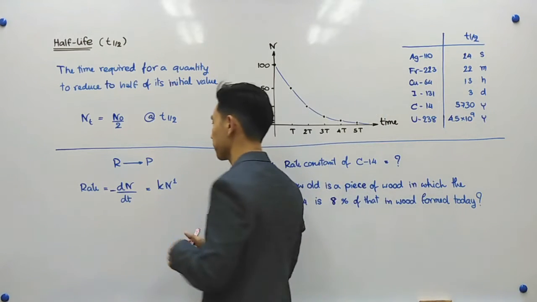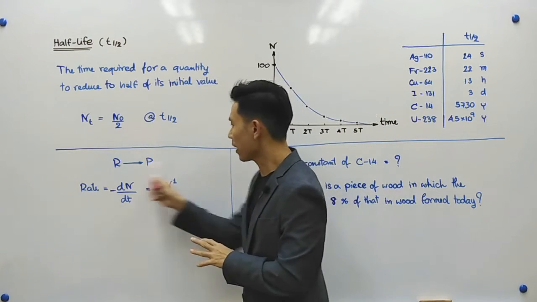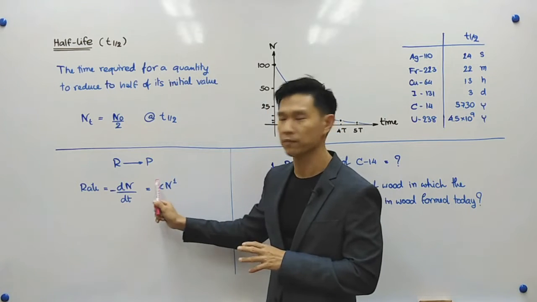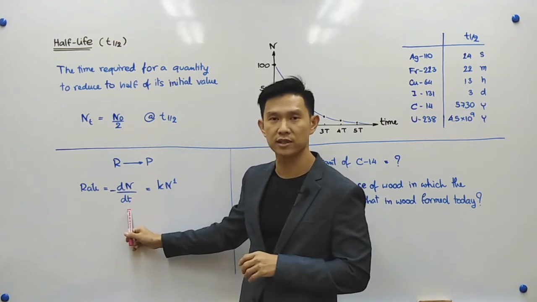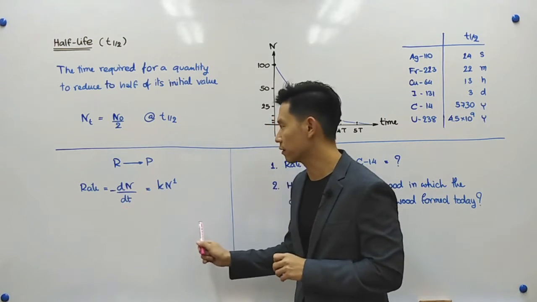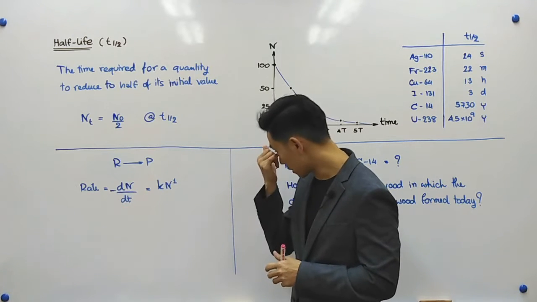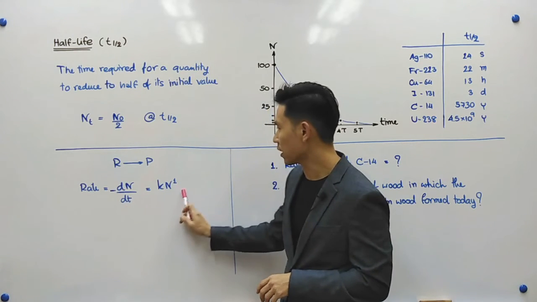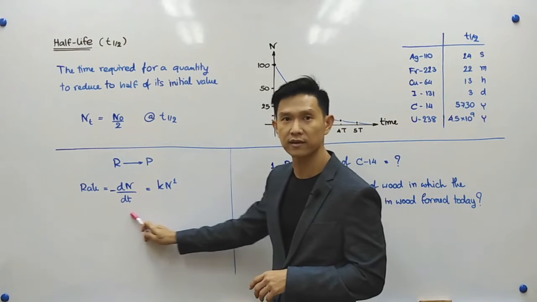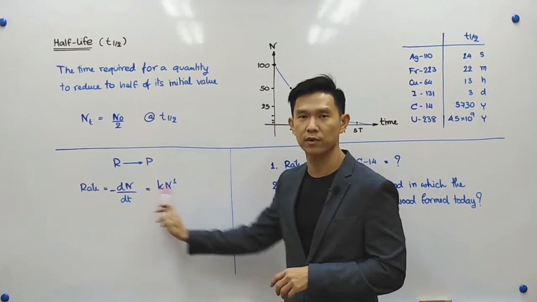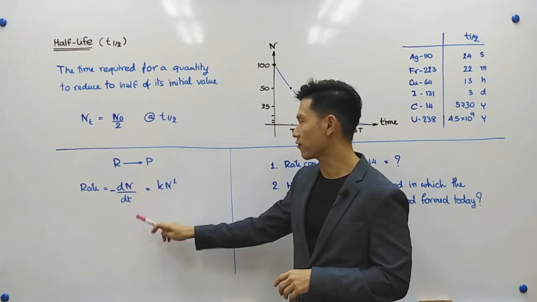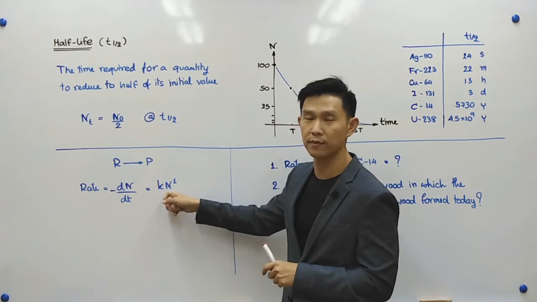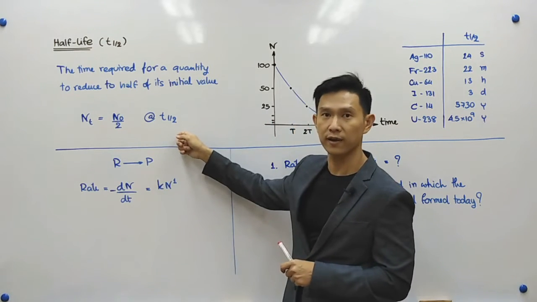So first of all, we have to change this form from the differential rate law equation like this to the integrated rate law equation. So basically, you just move delta T up here and move the N down here and take integration for both sides. And at the end, you will find the relationship between k and half-life.